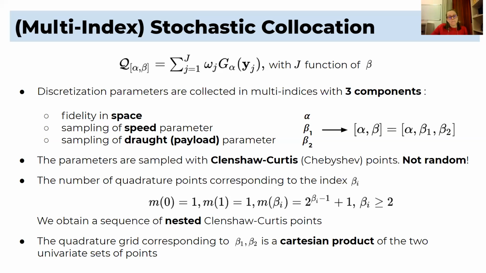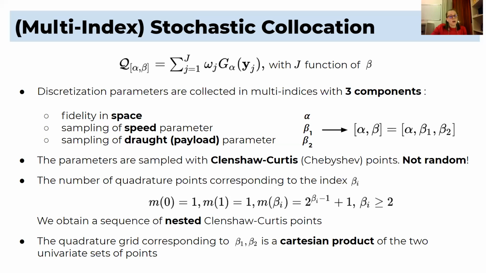And so we can compute the points in one direction, corresponding to the index beta 1. We have the points corresponding to the index beta 2, and then the sampling grid we would have is the Cartesian product of these univariate sets of points. So this is just what happens corresponding to one multi-index alpha, beta 1, beta 2.